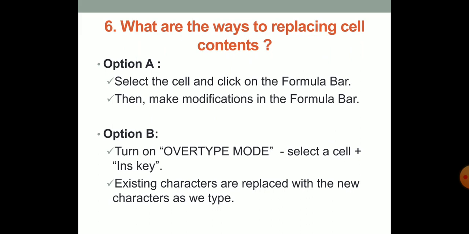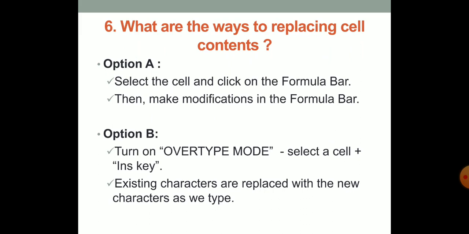Now coming to option B. Now you turn on the overtype mode. For overtype mode, you select that particular cell and press the insert key. There is the key called insert, INS key. So you just select the cell and press the insert key. That will become your overtype mode. Then you can simply type what you want to type. Now again in that same 1, 2, 3, I can replace that with 7, 8, 9.